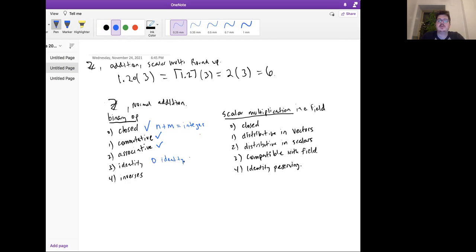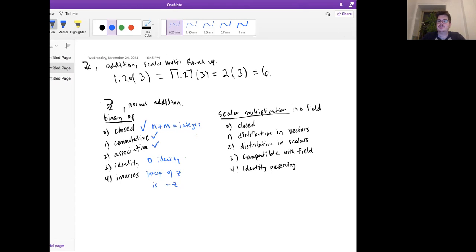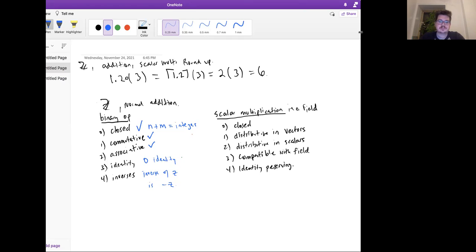And what are the inverses of integers for addition? Negative, good. So the inverse of Z is negative Z. Someone say, why is it not 1 over Z? Why is it negative Z? Correct, because this is talking about addition, right? Let's talk about multiplication, then that might be a different story.